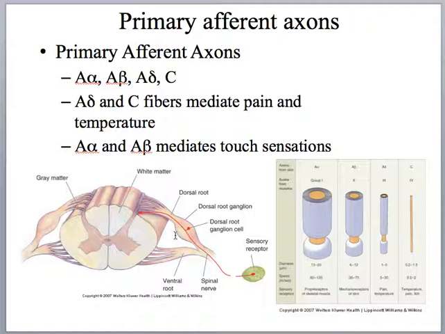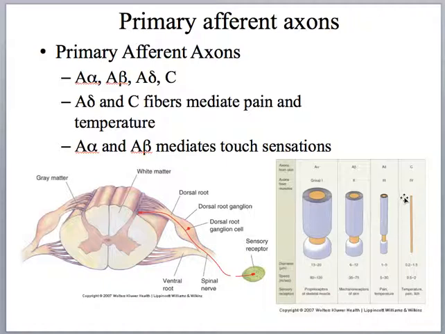The different types of afferent axons for these mechanical receptors are A alpha, A beta, A delta, and C. Your A delta and C mediate pain and temperature. Your A alpha and A beta mediate touch sensations. And so you see there are differences in terms of myelination.